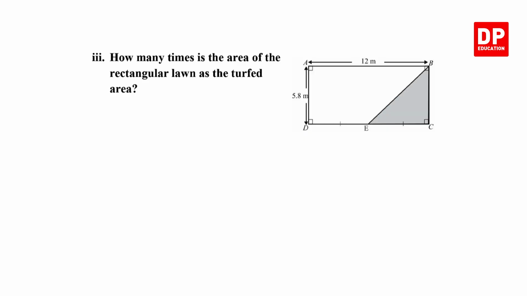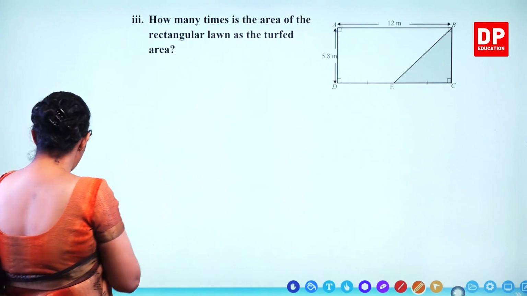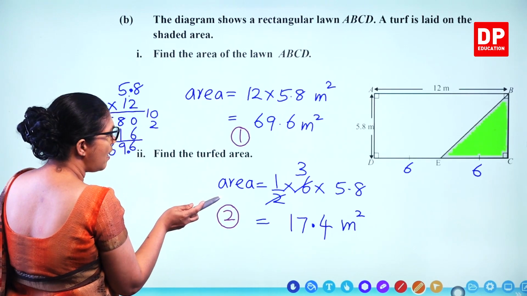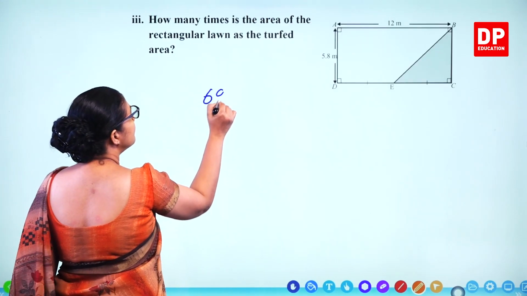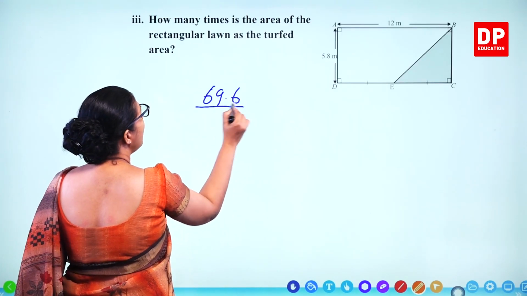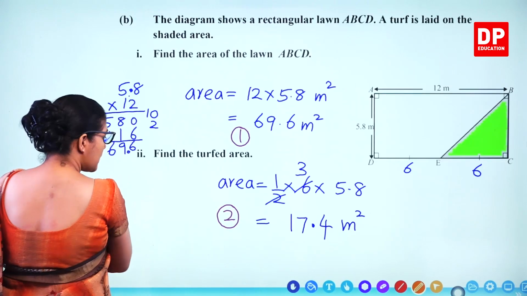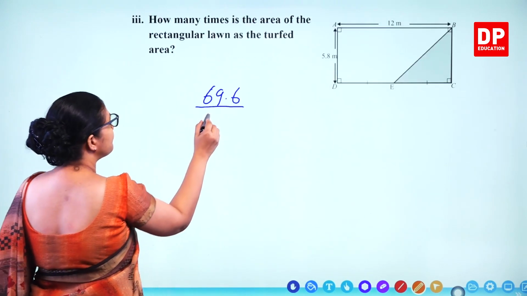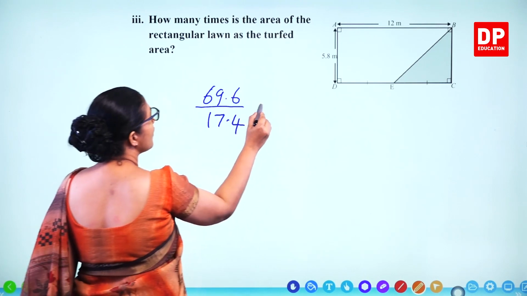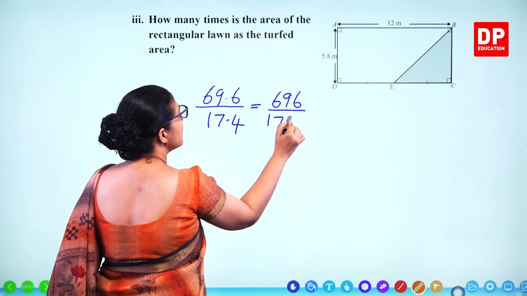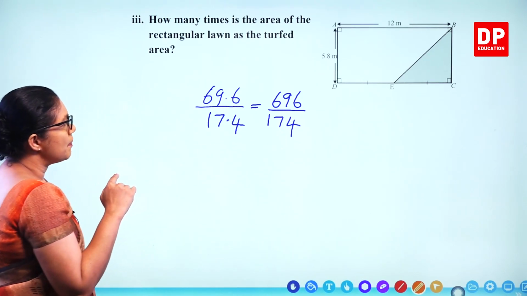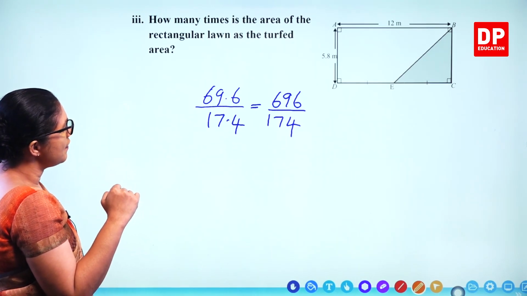And the last part, how many times is the area of the rectangular lawn as the turfed area? So you divide the two areas. So what's the area? 69.6 and what's the other one? 17.4. 696 multiplied by 10. Multiply by 10, both numerator and the denominator.